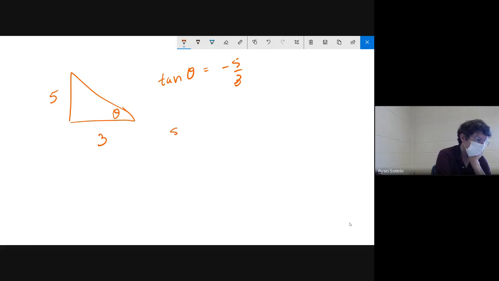They told me that sine of theta is greater than 0, so it's positive. Well, sine is opposite over hypotenuse. So if 5 over c is positive, that means the negative has to go with the 3. That way, the cosine will be negative. The tangent will be negative, but the sine will stay positive, because that's 5 over c.